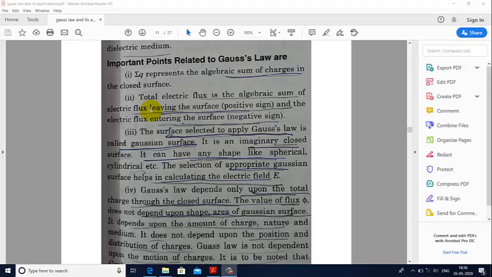So whenever we have a charge distribution, to calculate the value of electric field, we imagine a Gaussian surface that is imaginary, and considering that surface we calculate the value of E. In the next topics we will see how we will consider this imaginary surface and how we will calculate the value of E.